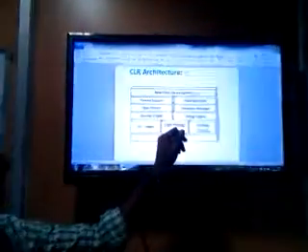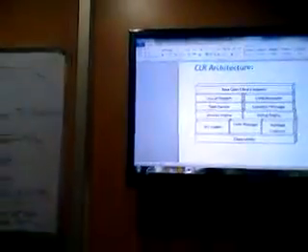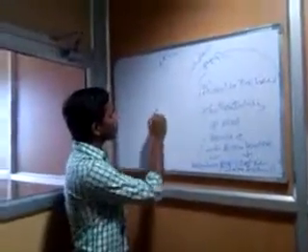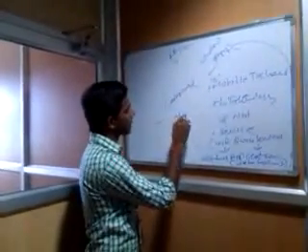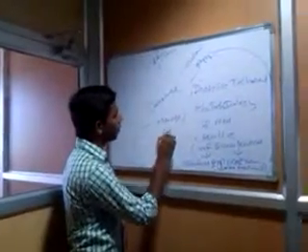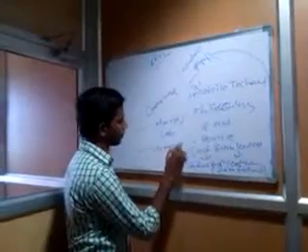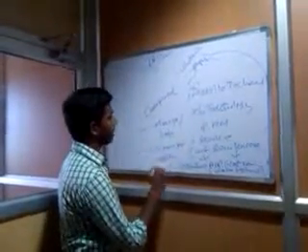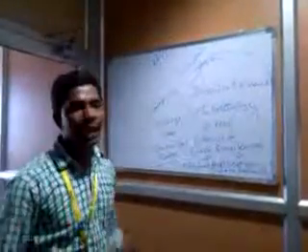Coming to the code manager, we have two types of code: managed code and unmanaged code.